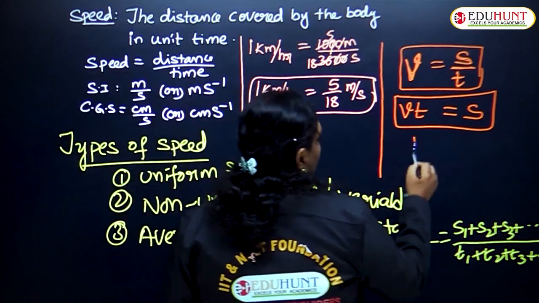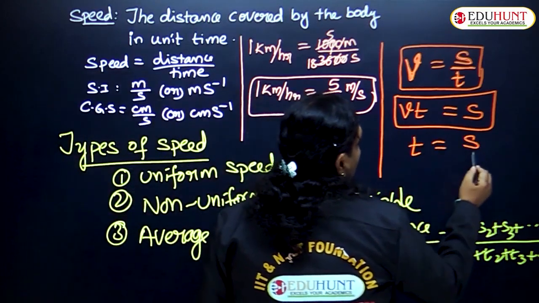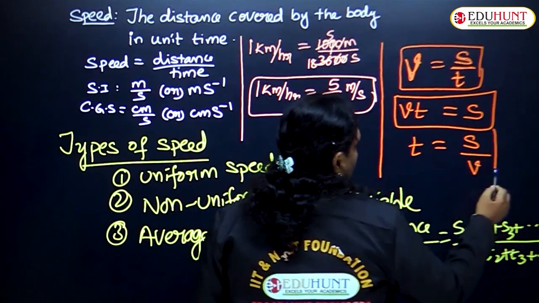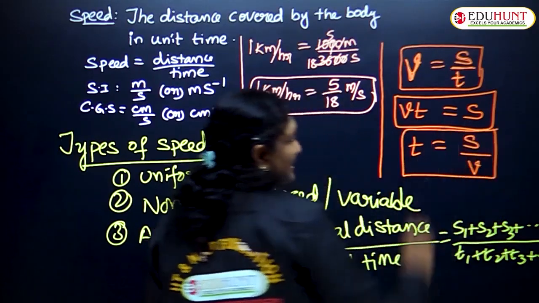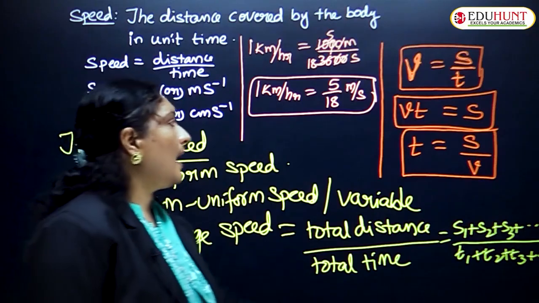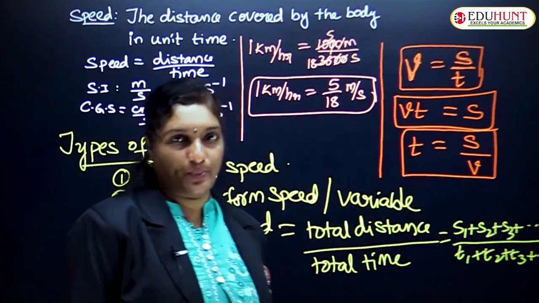If I would like to find time, time equals distance upon speed. Remember, children, S is for distance, T for time and V for speed.